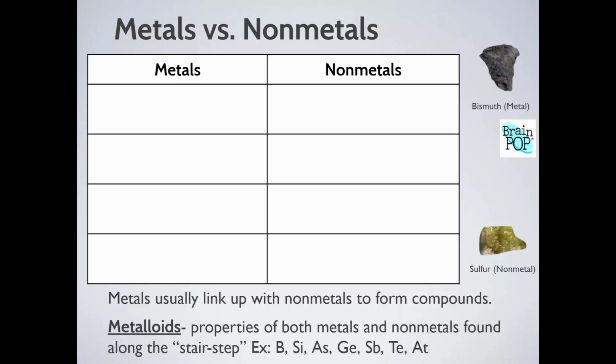All right. Because 8 is full, and a full outer shell is a stable configuration. Some energy levels can fill up and hold 16, but it's a strange way that they get filled up. They don't get filled up in order.